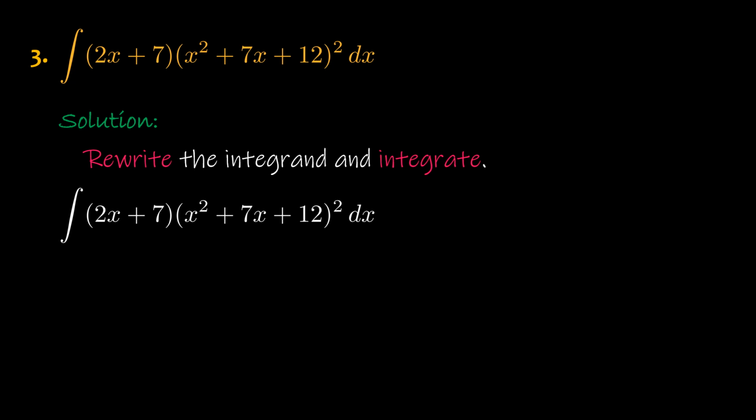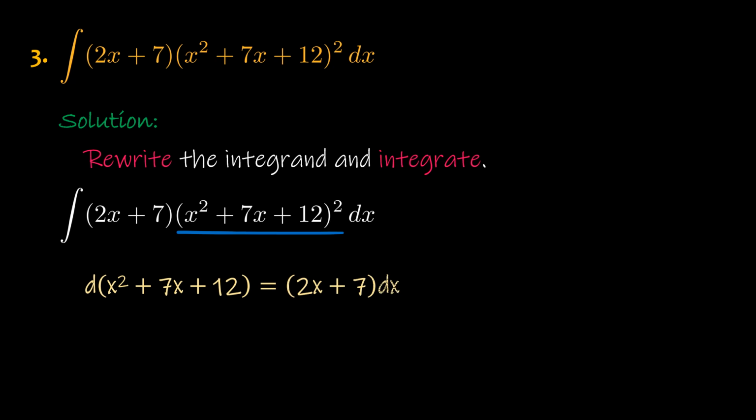The integrand is composed of a function of x raised to the power of 2 and the differential of that function. Let u equals x squared plus 7x plus 12 and du equals 2x plus 7 dx.